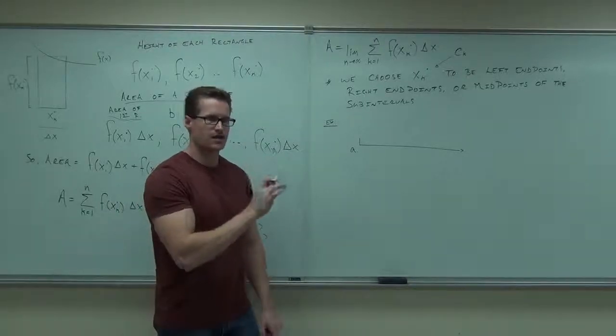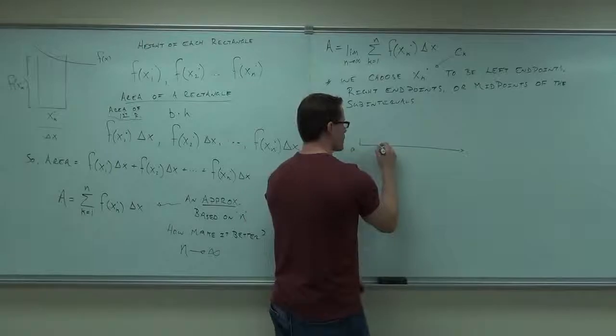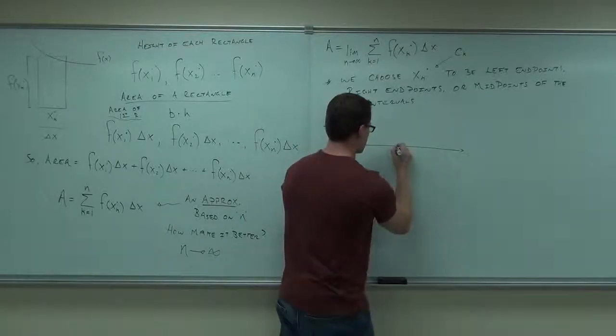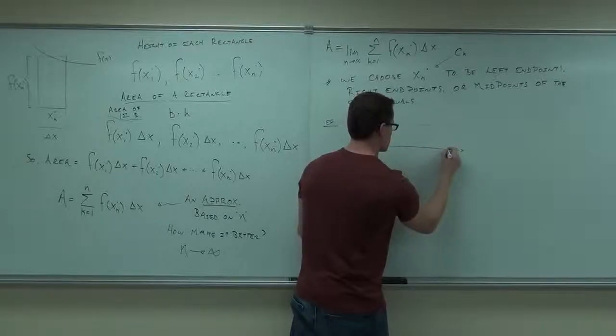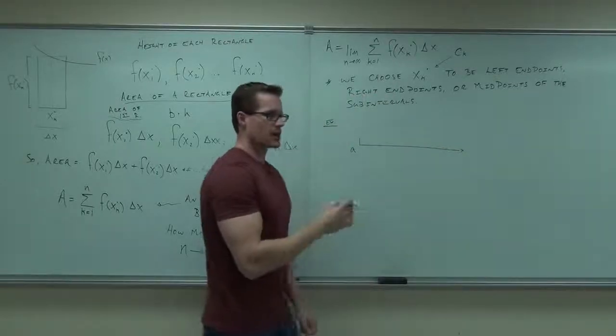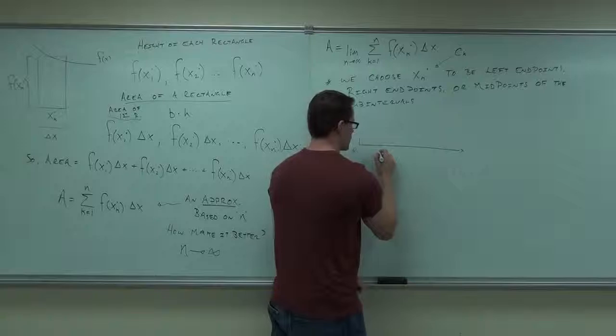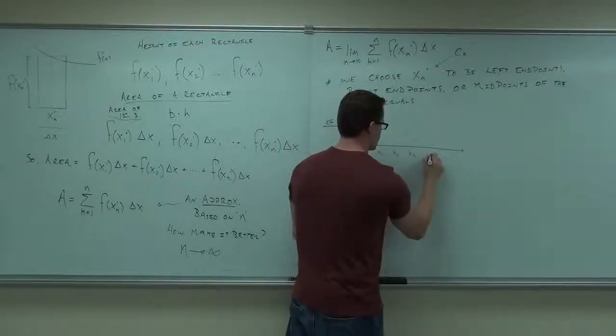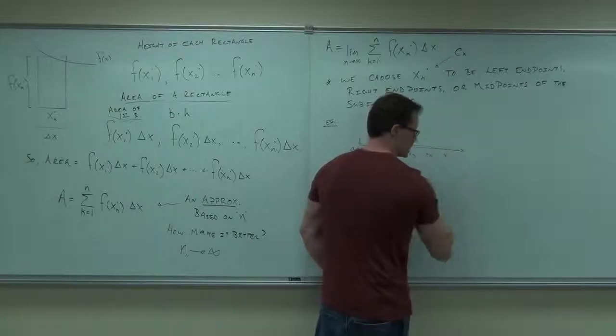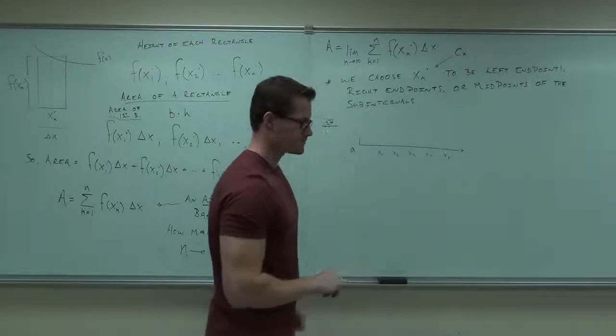Wherever our delta x is, that's where we're making our cut. So we'd make a cut here, and a cut here, and they're all equal. And a cut here, and a cut here. And those cuts would be x sub 1, and x sub 2, and x sub 3, and x sub 4, and x sub 5, and so on.